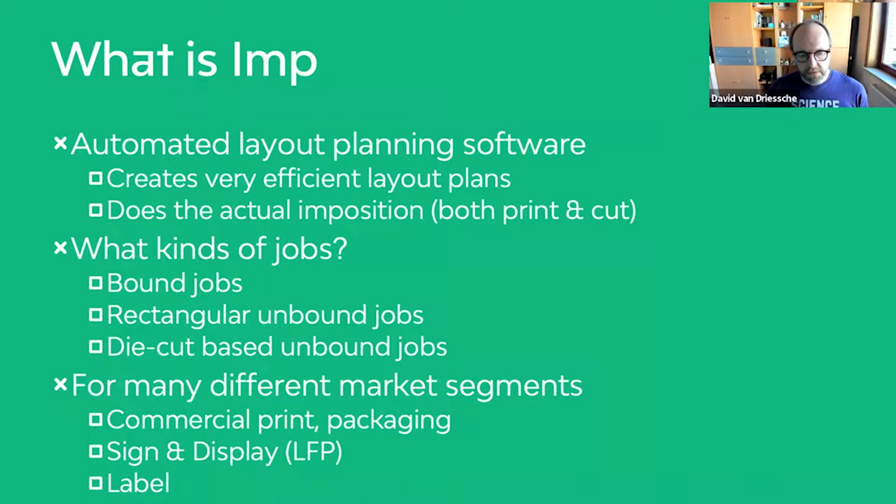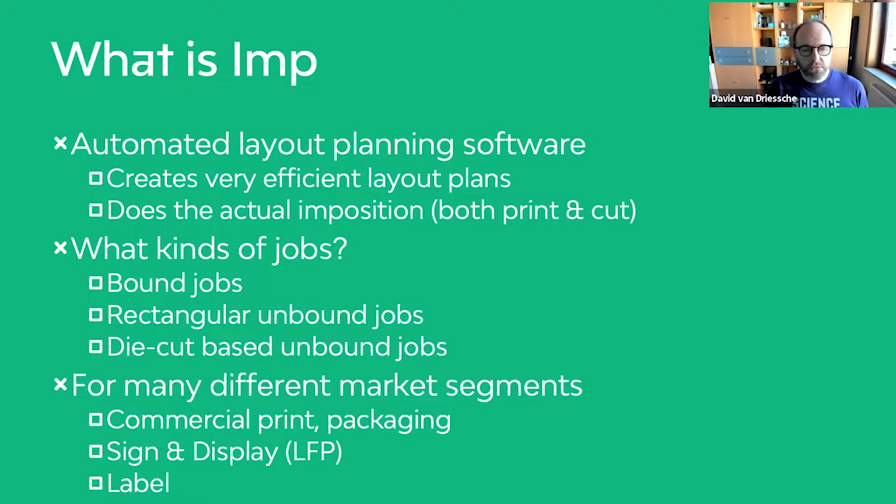And one of them is sign and display or large format print, whatever term you prefer. That was already possible in V9. You'll see now that I'll show some other new stuff that was introduced in V12. And then another market segment that I will show some more demo on is label.